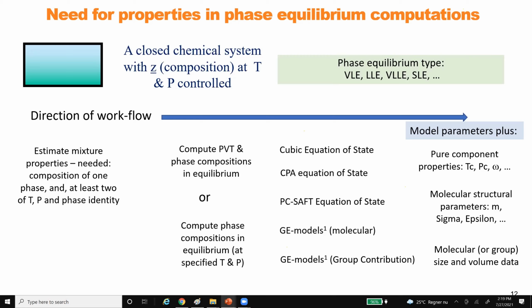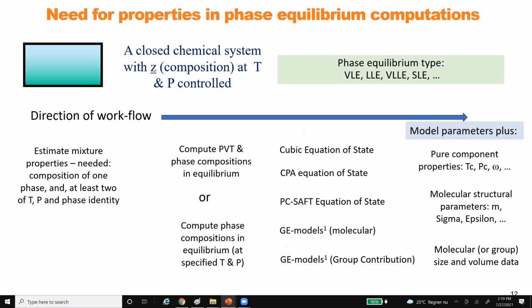If we use Gibbs energy-based models, molecular or group contribution, then we also don't need the TC, PC or the molecular structural parameters, but we need molecular size and volume data, or group size and volume data.